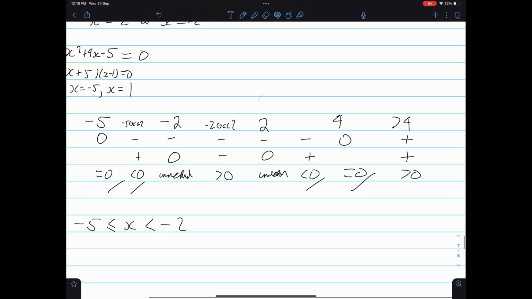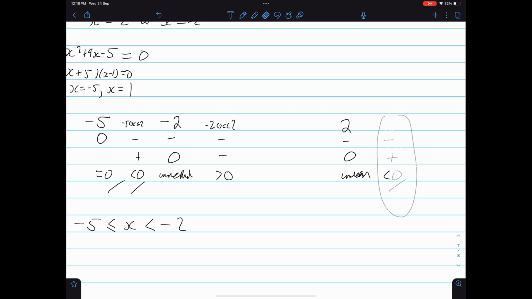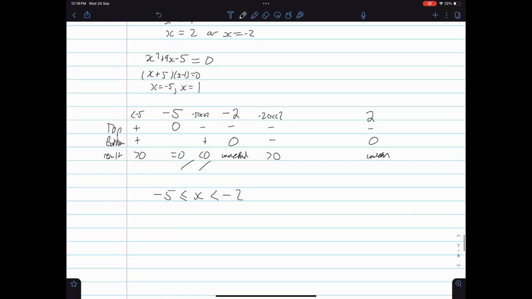Oops. This will be 0, so that'll be 0, but between here, you're going to get a positive on top, but a negative on the bottom, so less than 0. So on this side we have 1 less than or equal to x, less than 2.